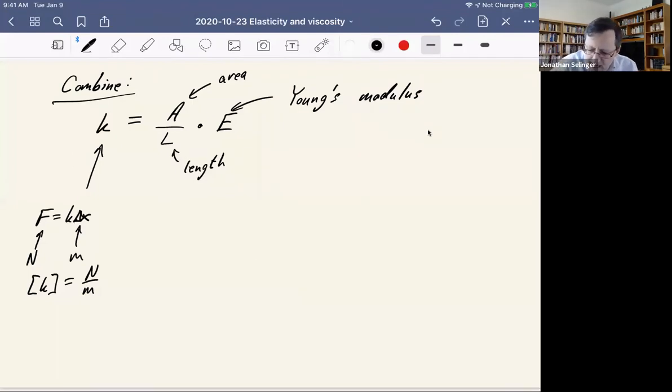And here the area is in square meters, the length is in meters. So the units of Young's modulus are newtons per meter squared. Right? And this is pascals. PA is for pascals. It's the units of pressure.